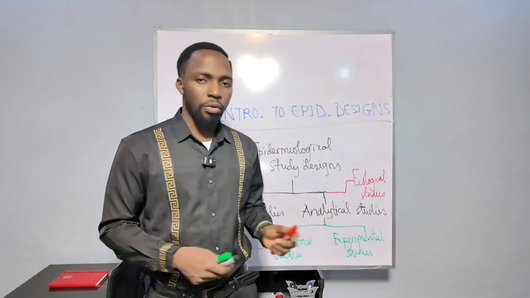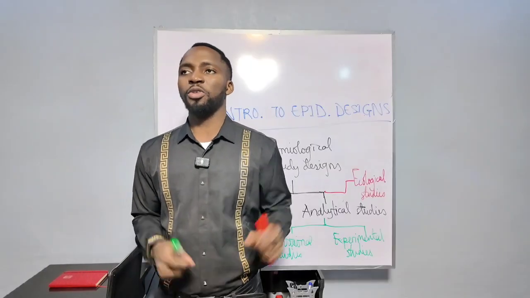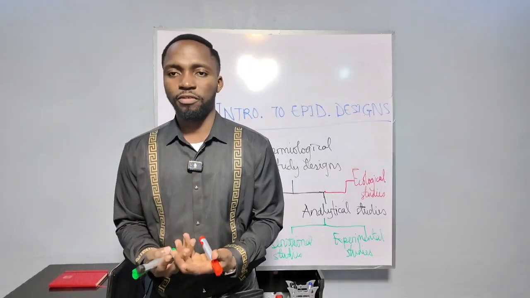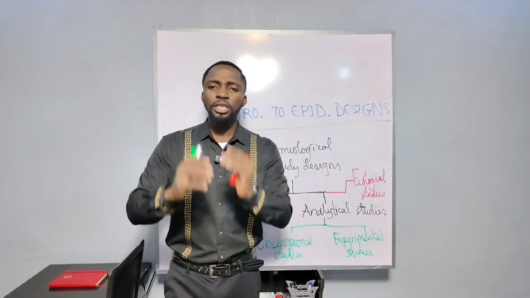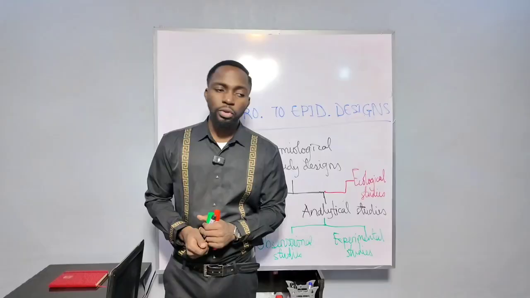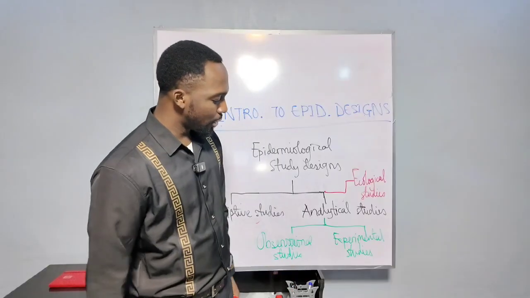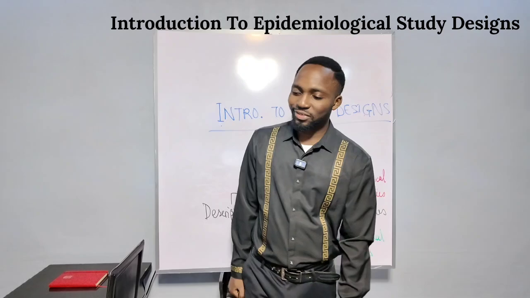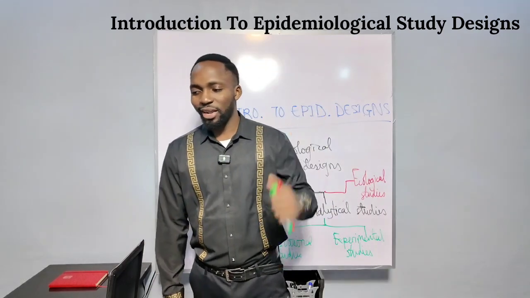Then we have what we call experimental studies. They're not observing now, we're experimenting. So somehow we have interventions. And so here, the researcher actively assigns exposure. The gold standard for experimental studies, just remember when I was in medical school, my lecturer used to love this a lot.